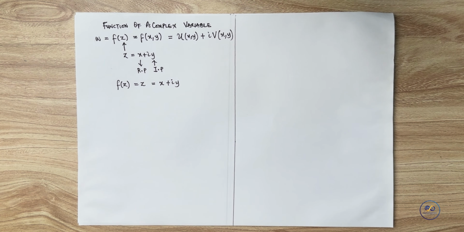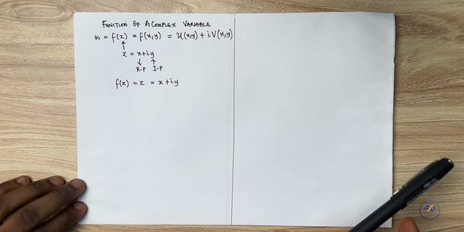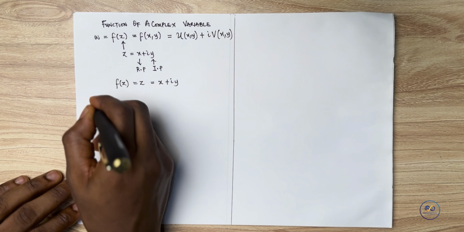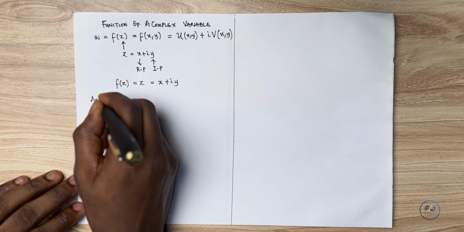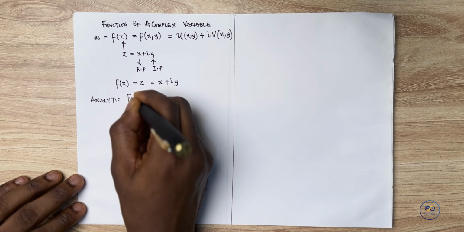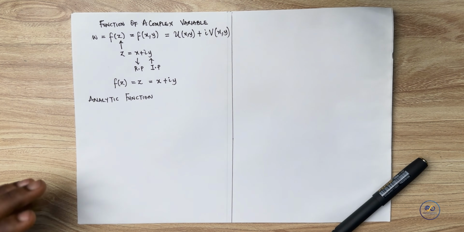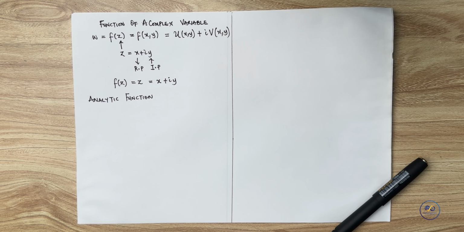Now, there is a very important kind of complex function that we usually use when it comes to complex analysis, and that is the analytic function. The analytic function is a very important kind of function as far as complex analysis is concerned.